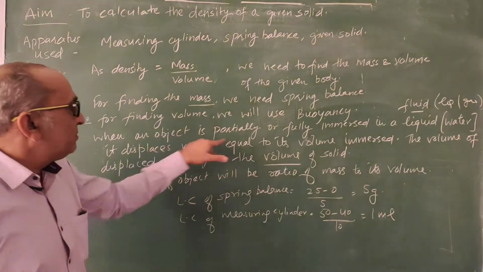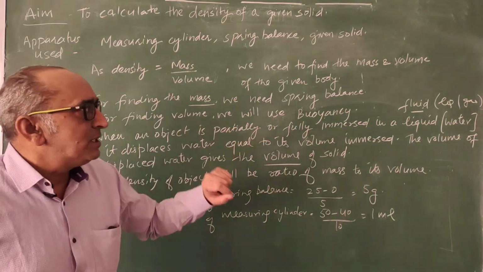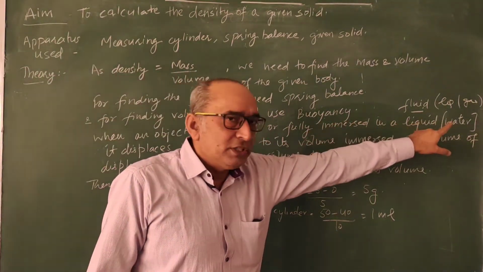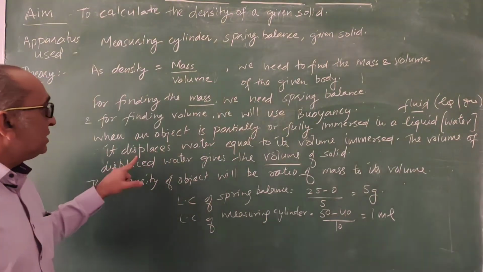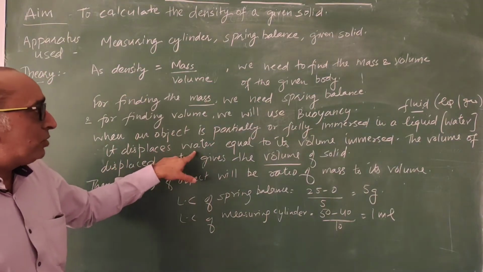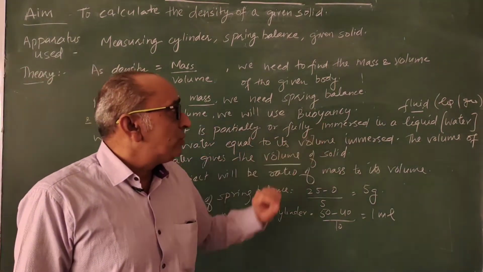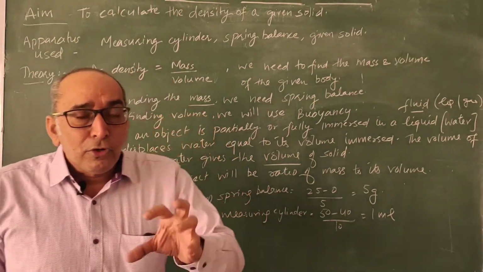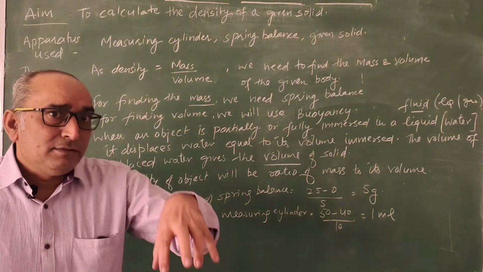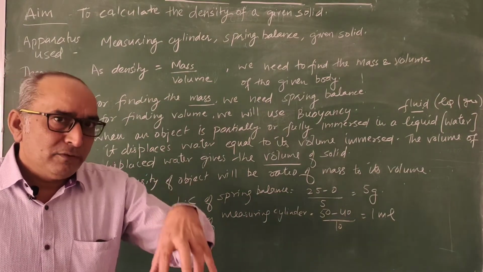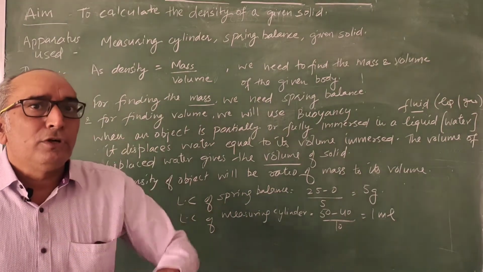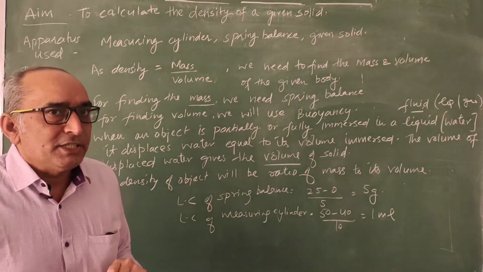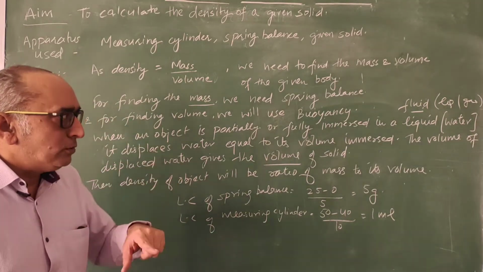So when any object is partially or fully immersed in water, that object is going to displace water equal to its volume immersed. Means the volume which we are immersing in the liquid, equal to that volume the water will be displaced, and we have to find that volume.